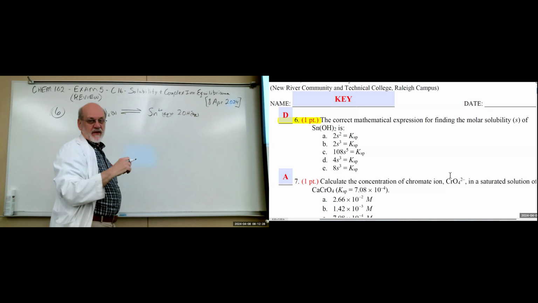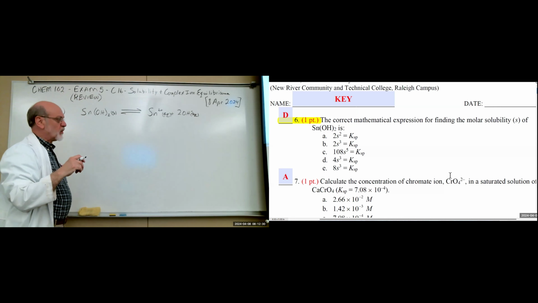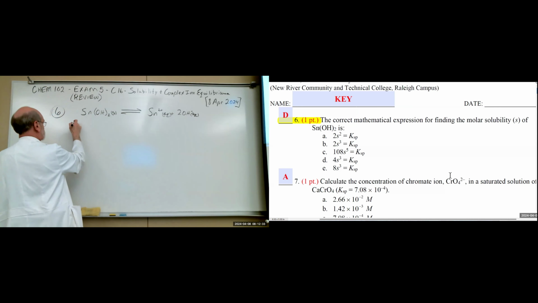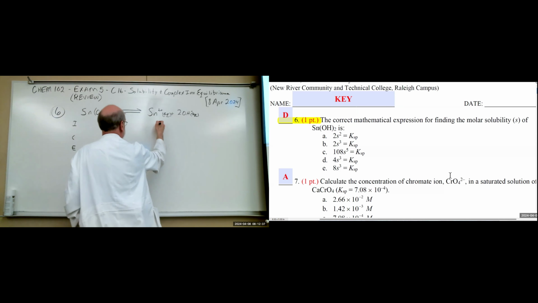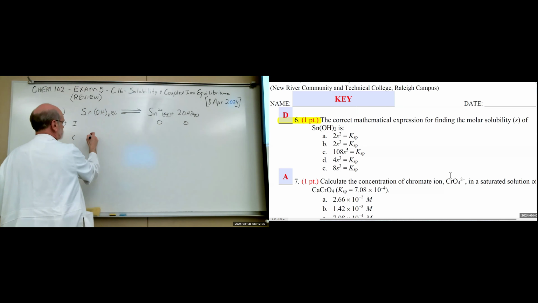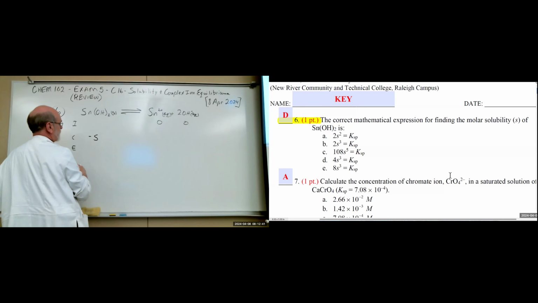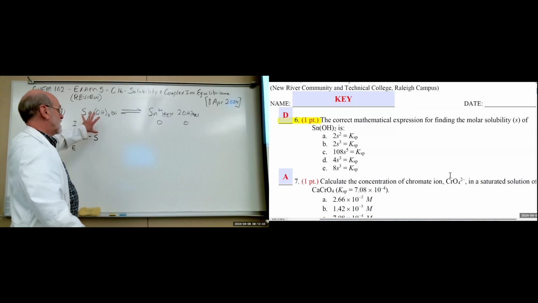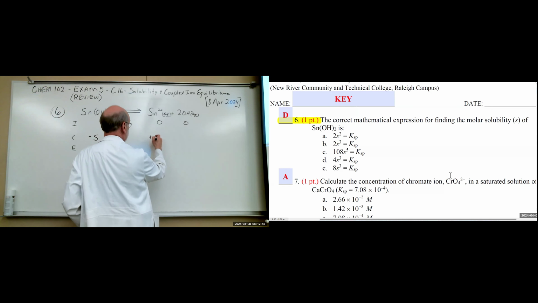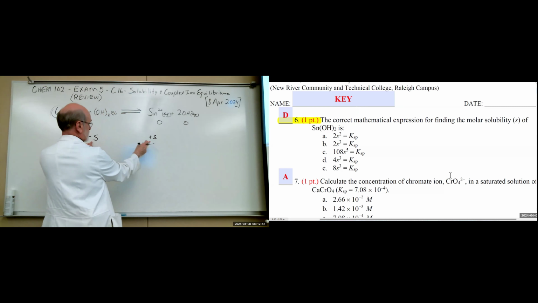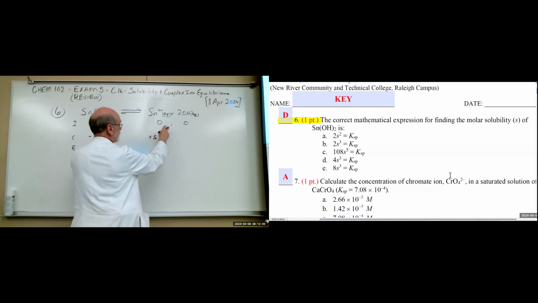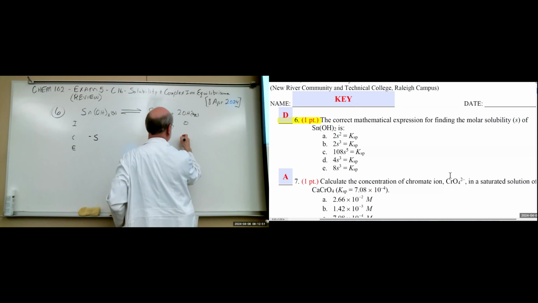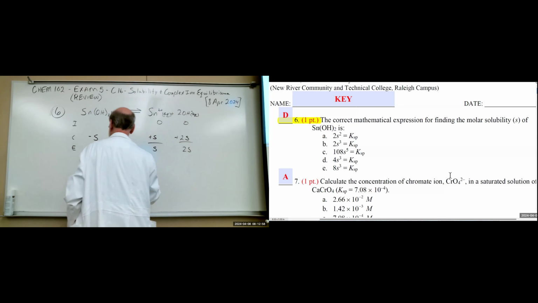Okay. And the question is asking us, what's the molar solubility? So I'm going to set up an ICE table for this one. And of course, we start off with 0. And if we lose so much of this one, it's going to show up over here as the same amount. But over here, it's going to show up as twice the amount. Okay, so we have S and 2S.